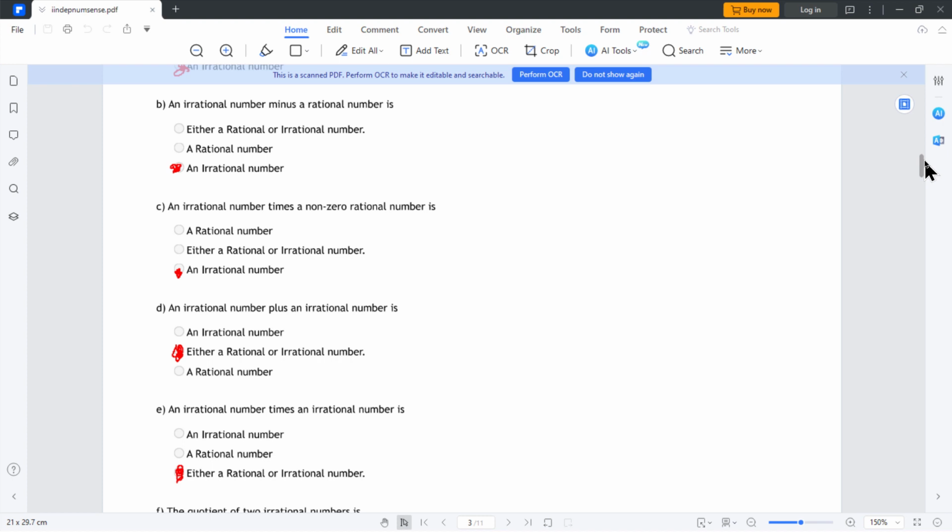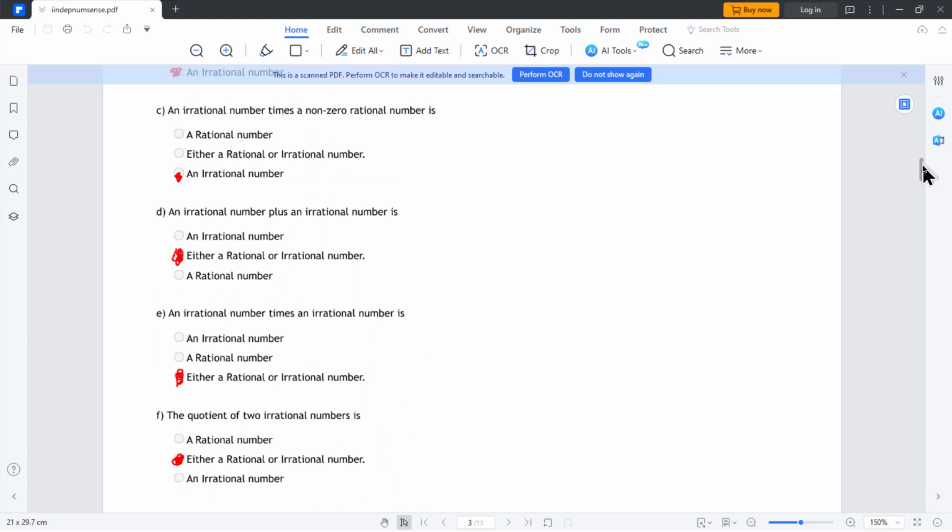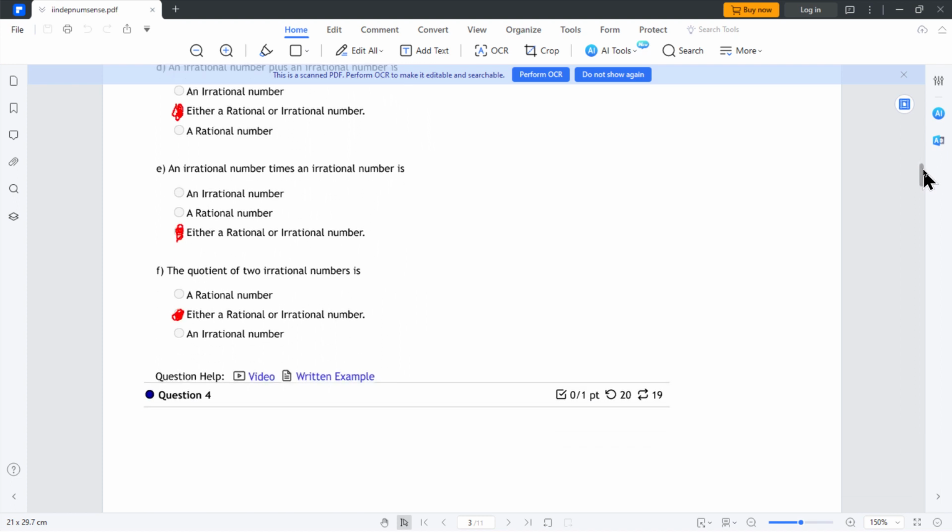Okay, and part D, an irrational number plus an irrational number. It could either be a rational or irrational number. Okay, part E, an irrational number times the irrational number. It could be either rational or irrational number.